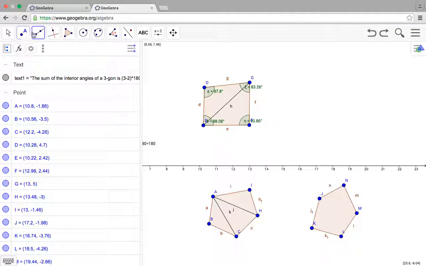Let's go ahead and pick line segment instead. So I could have broken it up into a triangle. The sum of the interior angles of a triangle is 180, and we've just proven that the sum of the interior angles of a four-gon is equal to 360. So that will also give you 360 plus 180, which would give you 540.